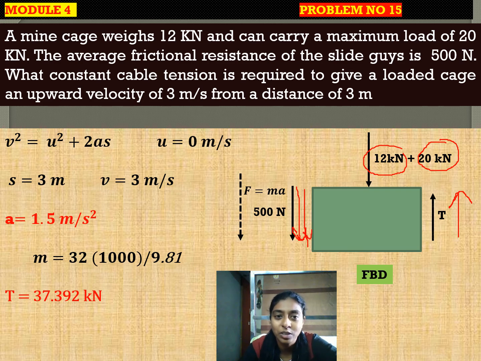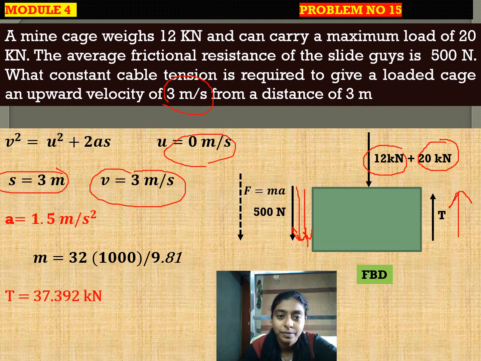Now, what constant cable tension is required to give a loaded cage an upward velocity of 3 meter per second, from a distance of 3 meters? Final velocity is 3 meter per second, s is 3 meter, and initial velocity can be taken as 0 meter per second.